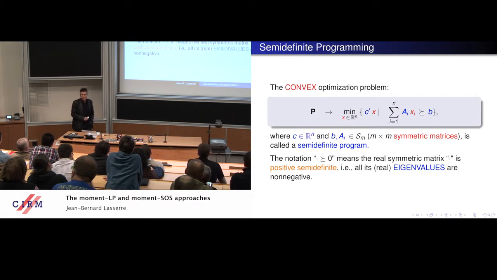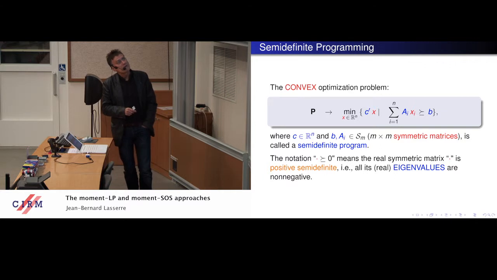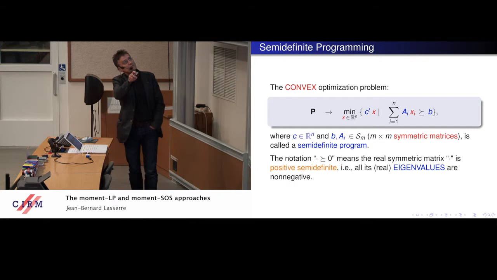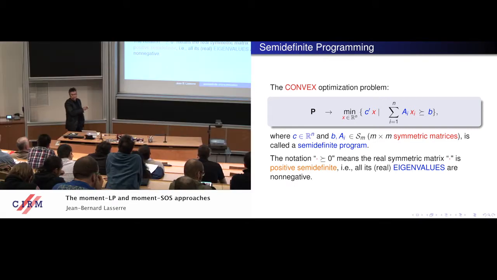So semi-definite programming, just one slide to remind people what a semi-definite programming problem is. Well, it's very easy. It's just a finite dimensional optimization problem. So we are in R^n. Everything in blue is the data. Everything in red is what we look for, the unknown.